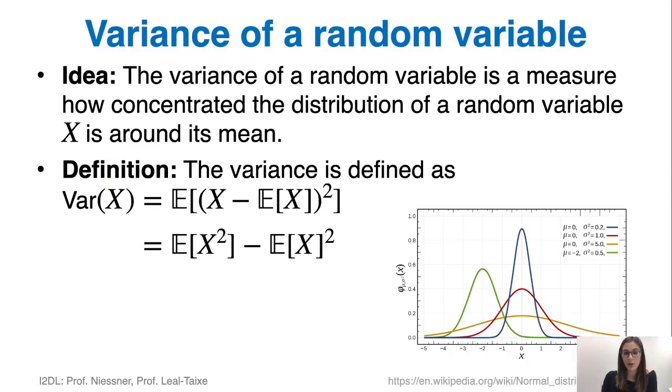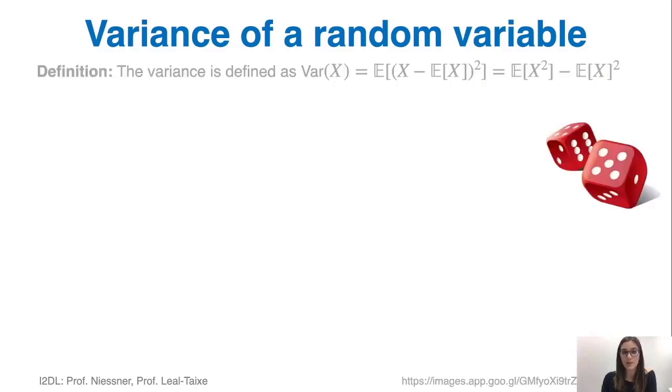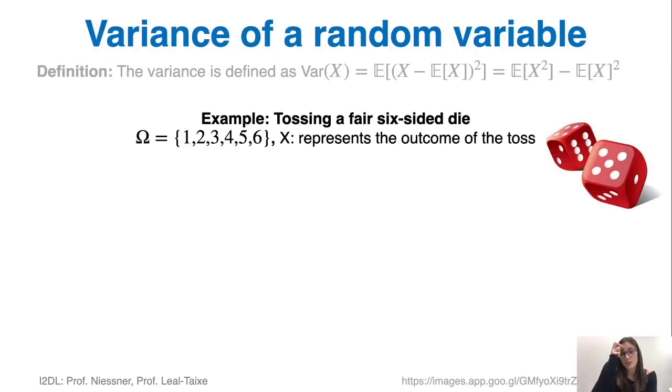And now let's also have a look at an example of the computation of the variance of a random variable. Again, we want to look at the same example that we looked at for the expectation: tossing a fair 6-sided die. So the setting is exactly the same. We have our sample space omega, we have our random variable, which is a discrete random variable.